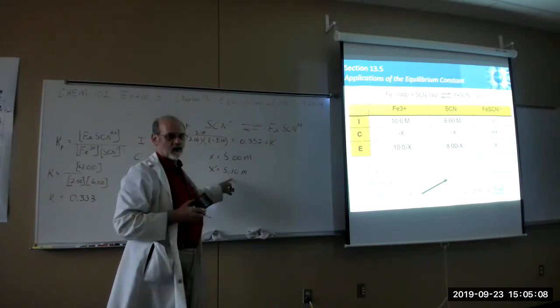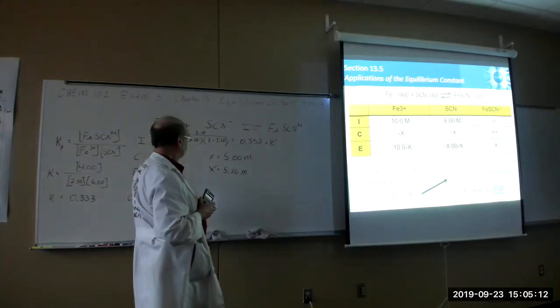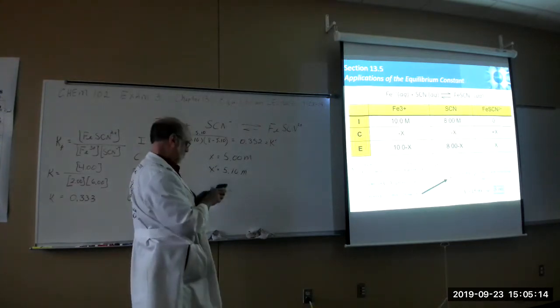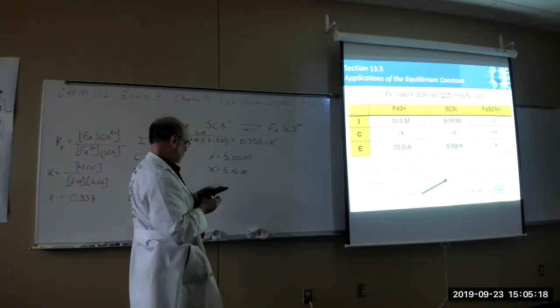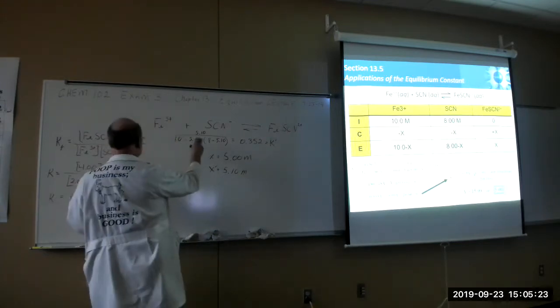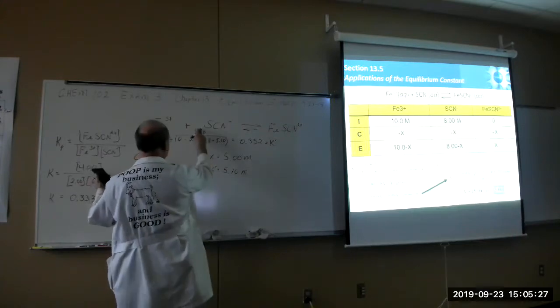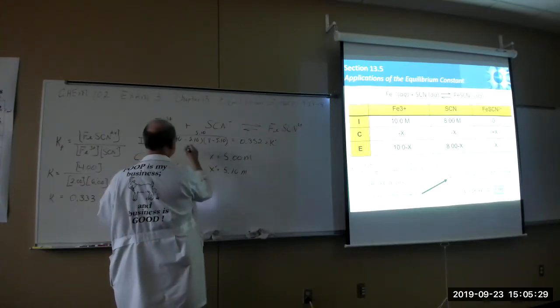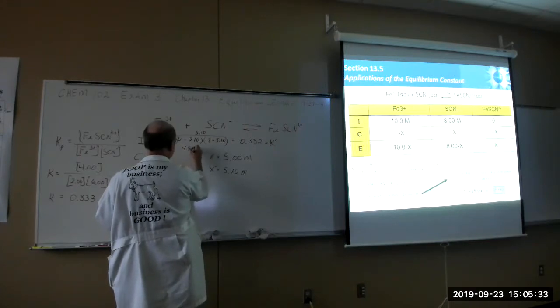Are you with me so far? Mine just spit out 3.018. Let me do it again. Is this right? 5.10 is X. 10 minus 5.10 would be 4.9, right?